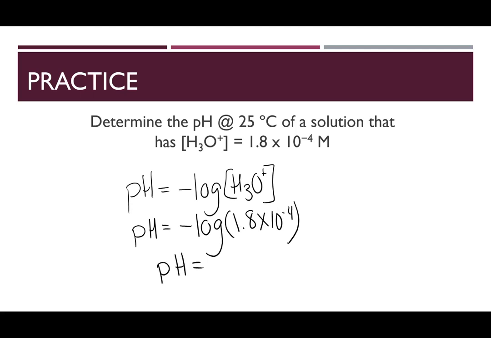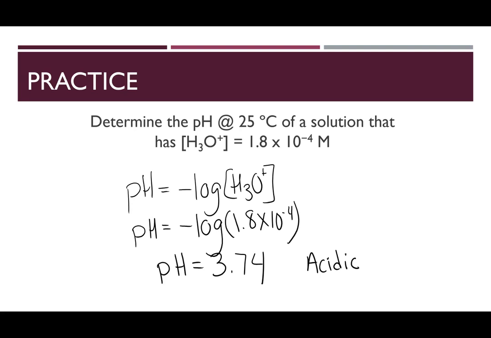So in this case, type into our calculator, negative log 1.8 times 10 to the negative 4th. And I get that the pH is 3.74. Okay. Is this solution acidic or basic? With the pH being under 7, this would be an acidic solution. It's an acid.